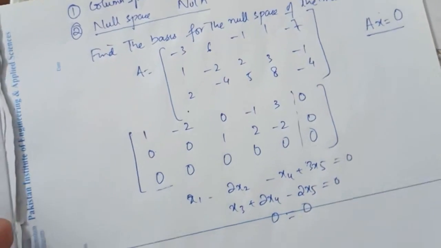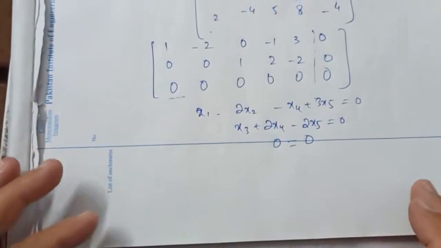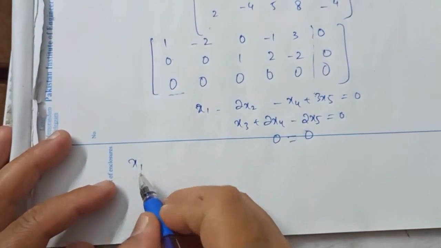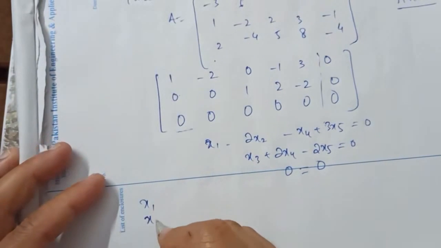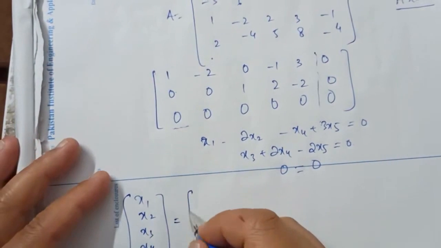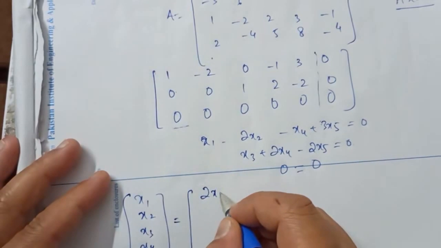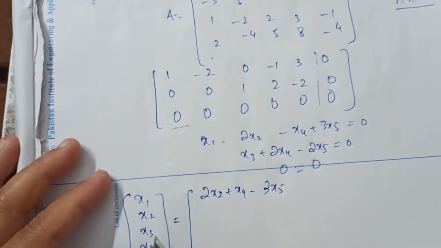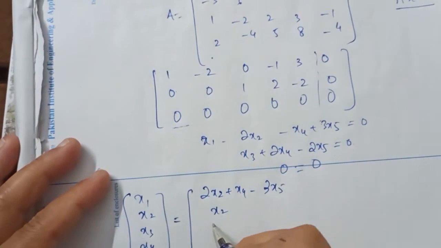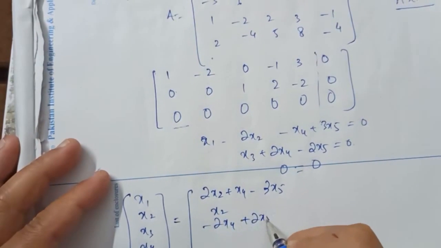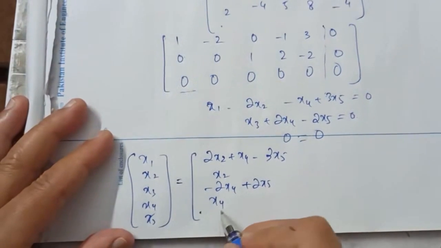As you remember from the last lectures that we did before this lockdown period, we can find the basis sets, or the linearly independent sets, by simple manipulations. Here x1 becomes 2x2 plus x4 minus 3x5, and x2 remains x2, x3 becomes minus 2x4 plus 2x5, x4 remains x4, and x5 remains x5.